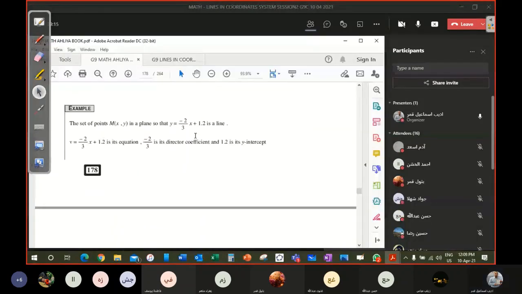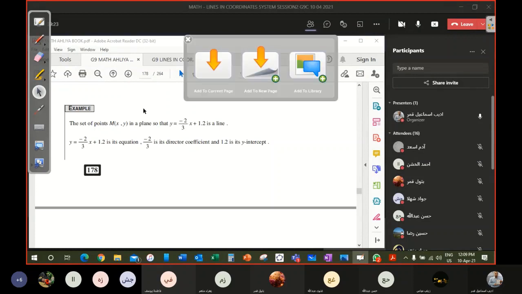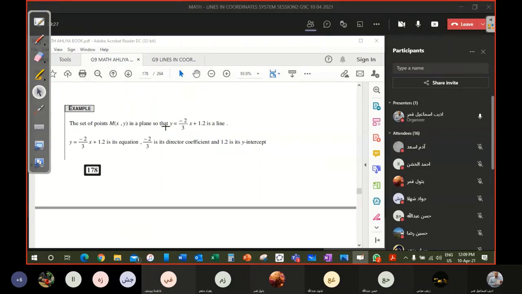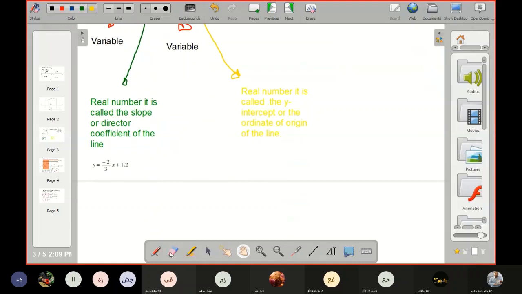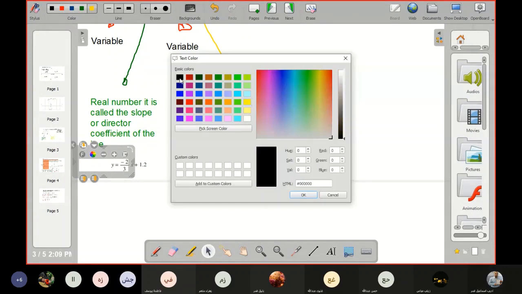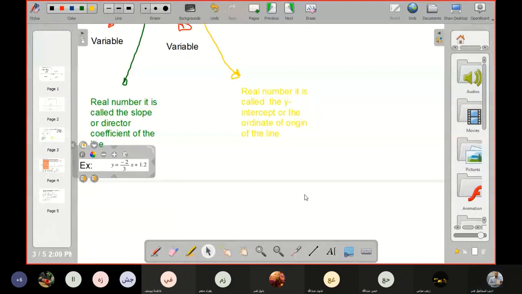For example, y equal. Line D of equation y equal -2/3 x plus 1.2.